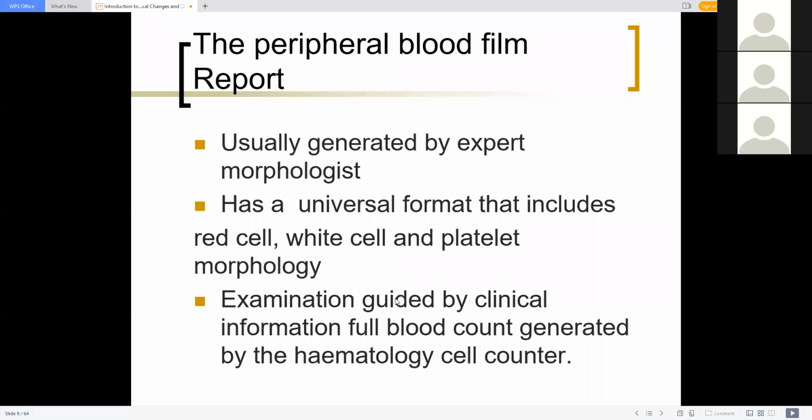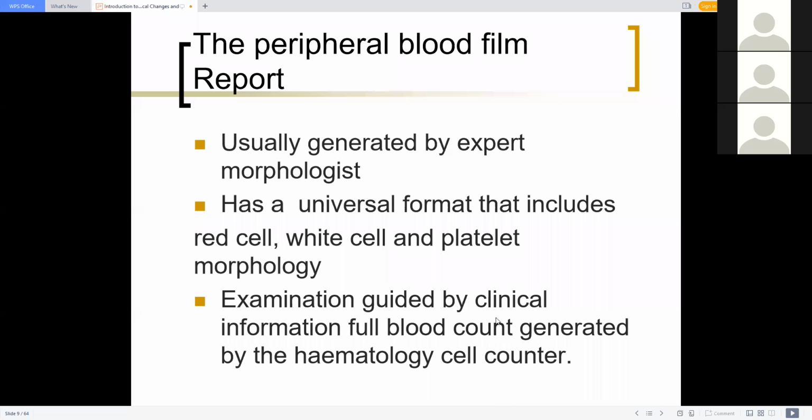All right. So we report on what changes are seen in the red cells, what changes are seen in the white cells, and what changes are seen in the platelets on the peripheral blood film. Usually when we are giving a report, because we give a conclusion to what we see, the examination and the report are guided by information that we already have. And what is this information?